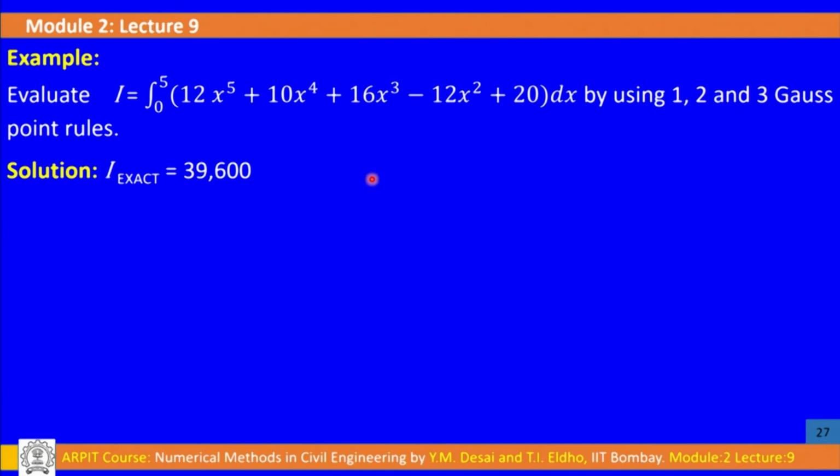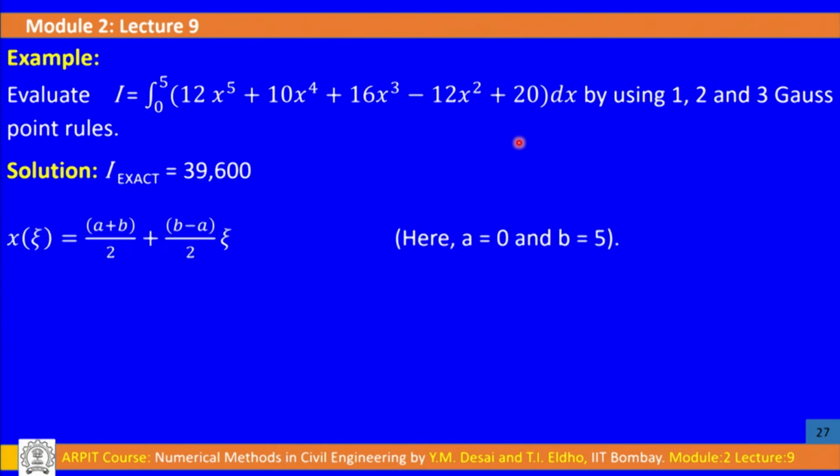Then what we do? Using coordinate transformation, we convert this in terms of xi ranging from minus 1 to plus 1. So, this is what we have done. Again, Lagrange interpolating polynomial, and we have an expression for x in terms of xi, and also dx equal to 2.5 times d xi.